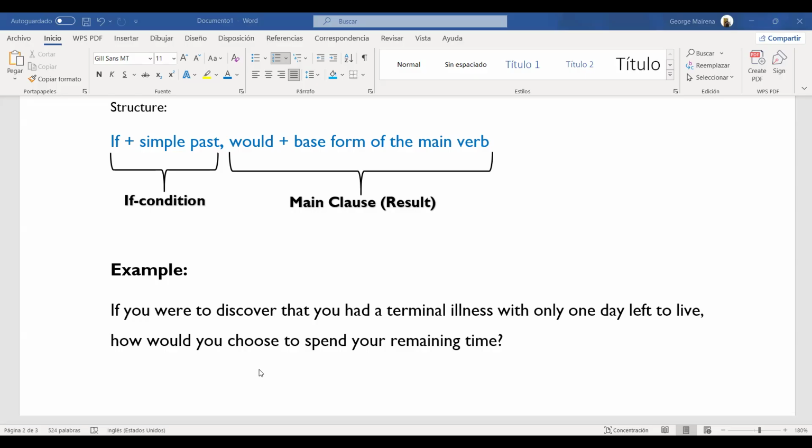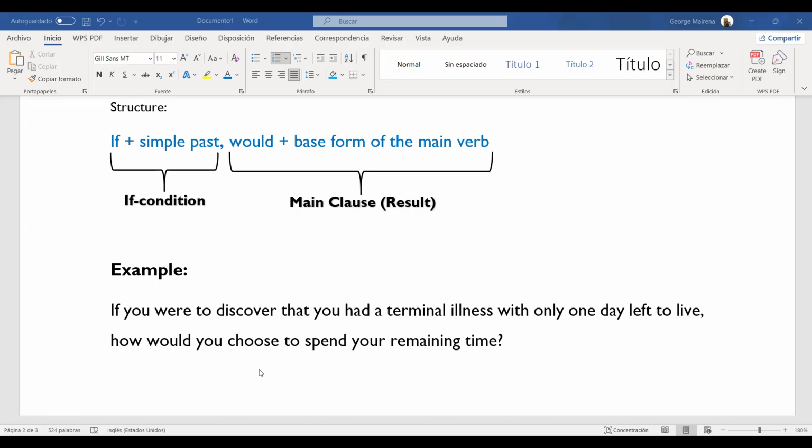Jocelyn: If I were to discover that I have a terminal illness, I would like to spend my time with my parents, and have a good time, like eating something or just enjoying the time with my parents. Okay, good. Someone else?